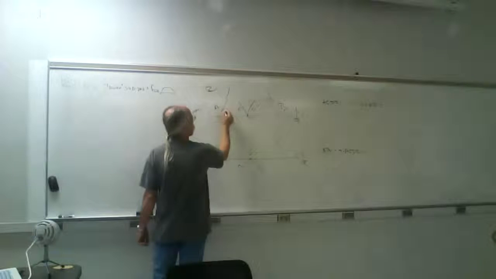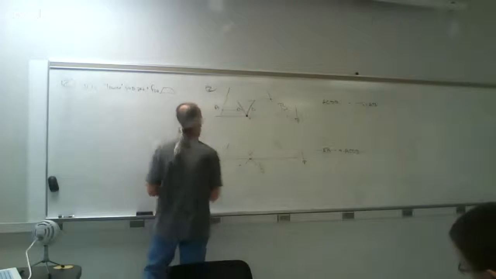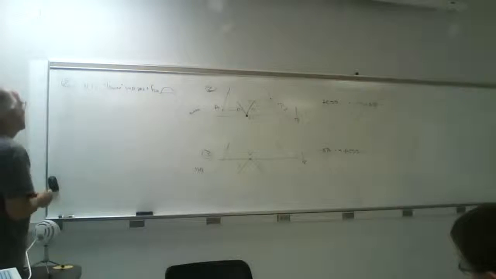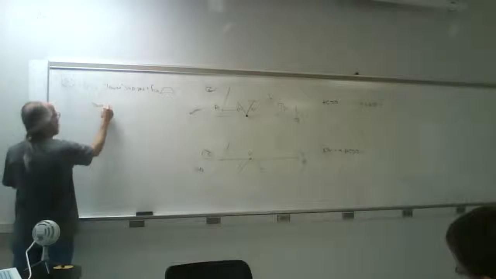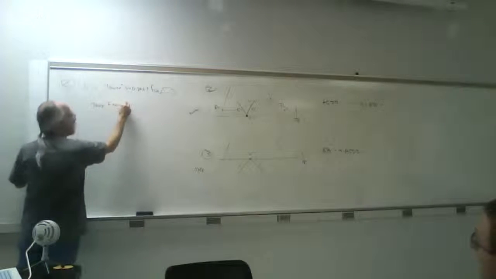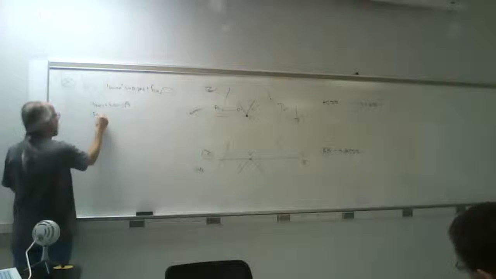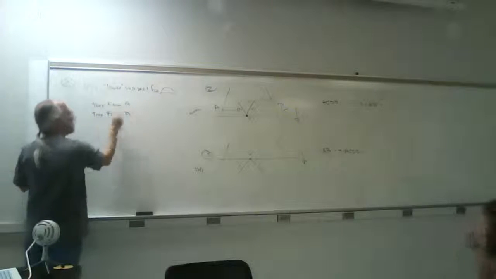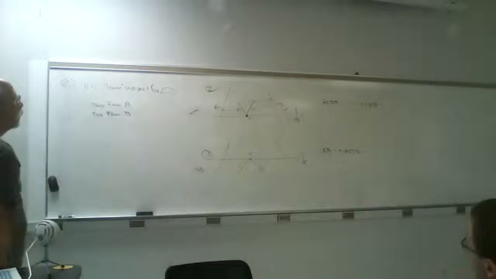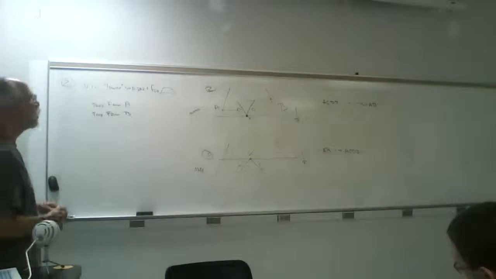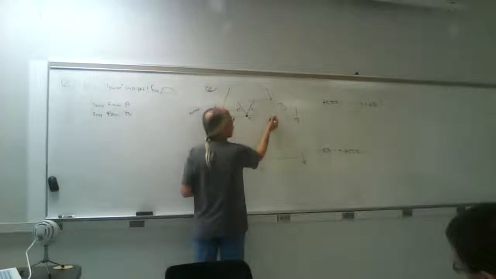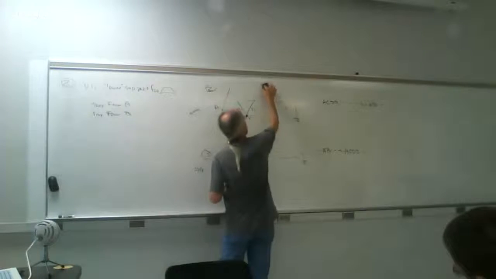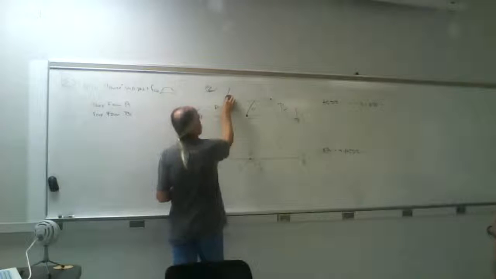Let me just bring that in. So there's a trapezoid from A, and another one from B. And in fact, at this point, when I hit V, B doesn't necessarily continue on through it, nor does A necessarily continue on through.